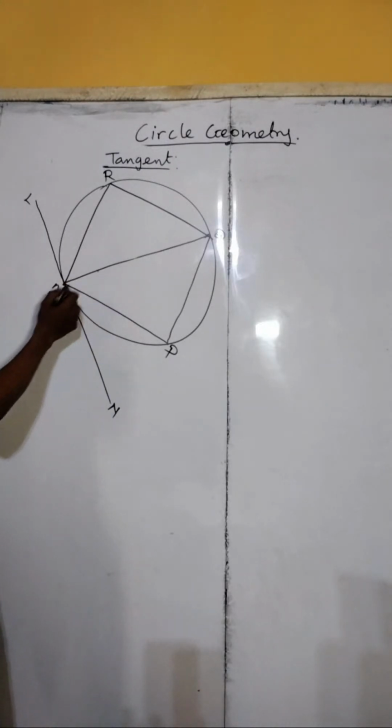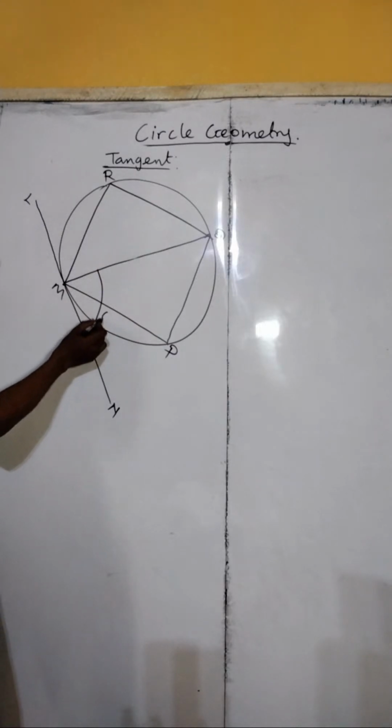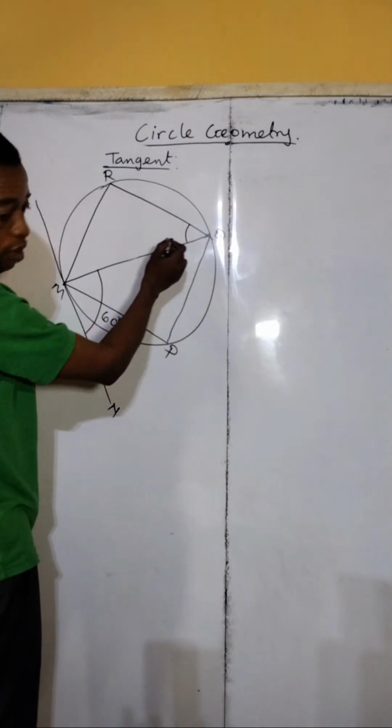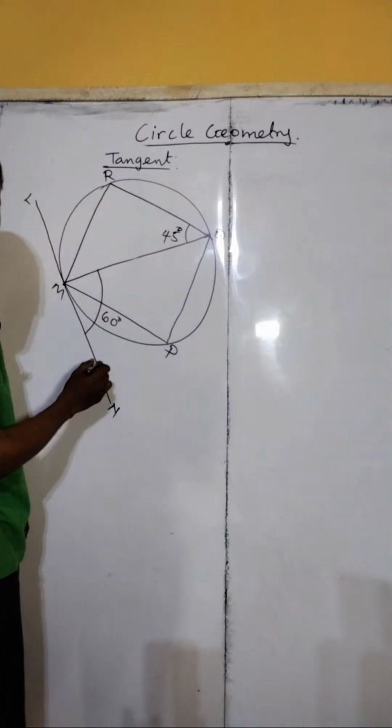And we have this angle here between this chord MQ and this tangent, which is 60 degrees, and this angle between this chord here, we have it as 45 degrees. And that's what we are given.